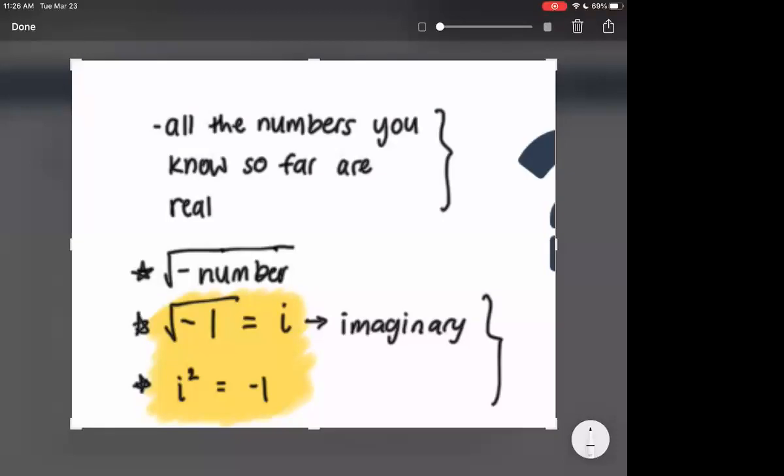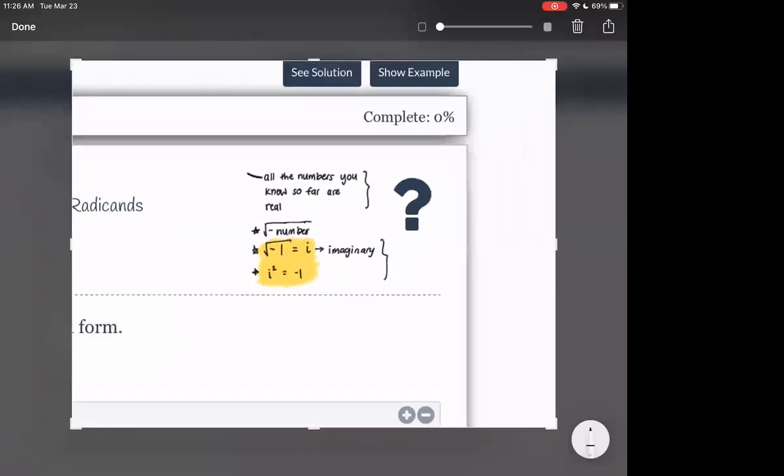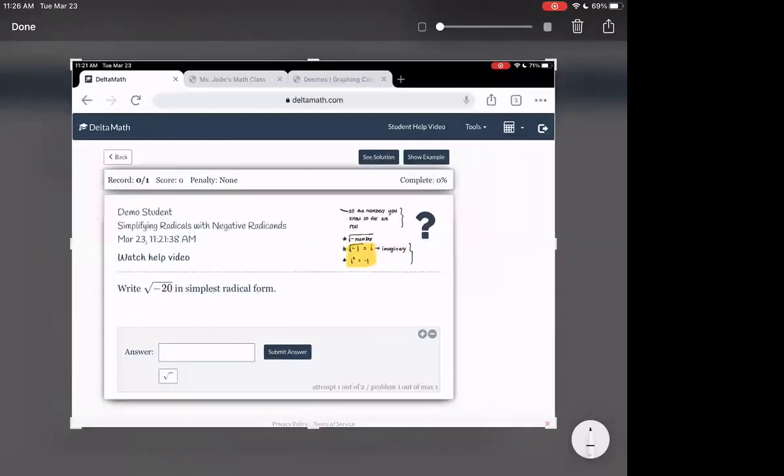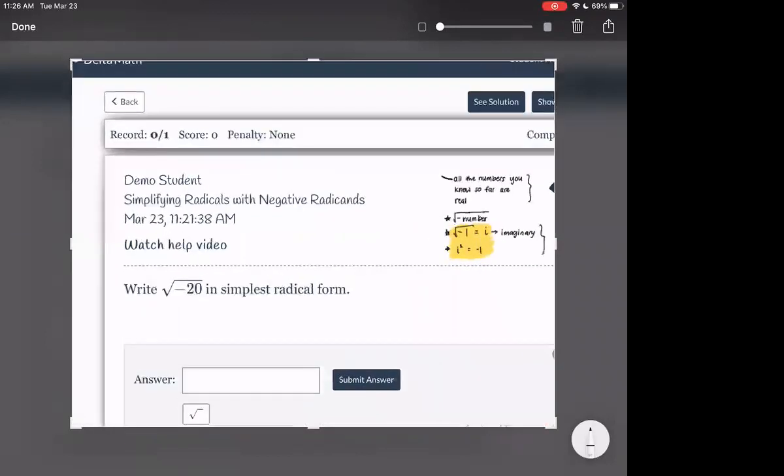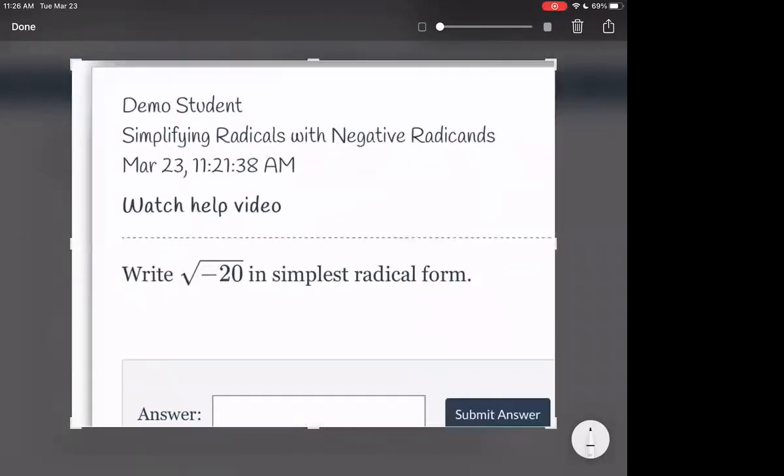All right, so now that we understand that the square root of a negative is an imaginary number called i, we can use that to take the square root of -20. I'm trying to zoom out. When you simplify radicals, you want to break it up into two parts.